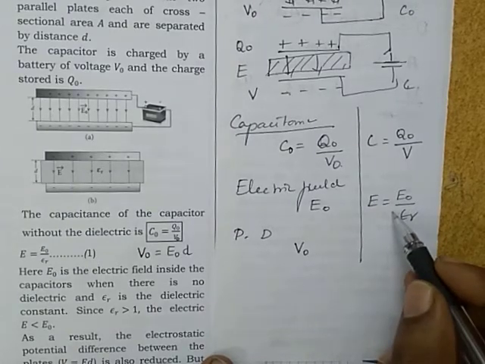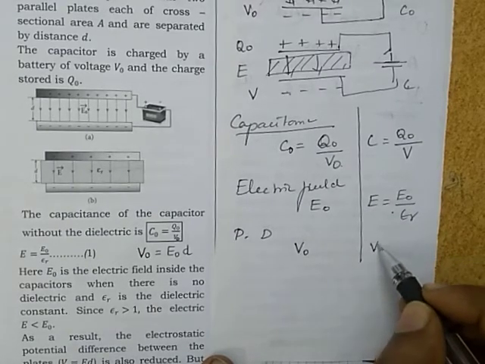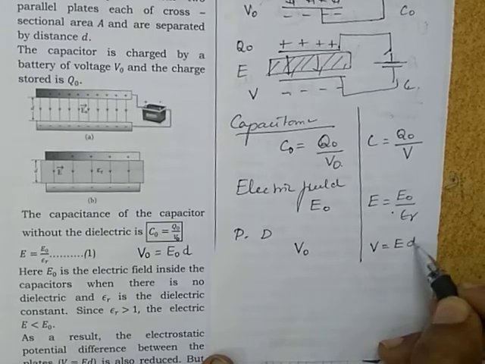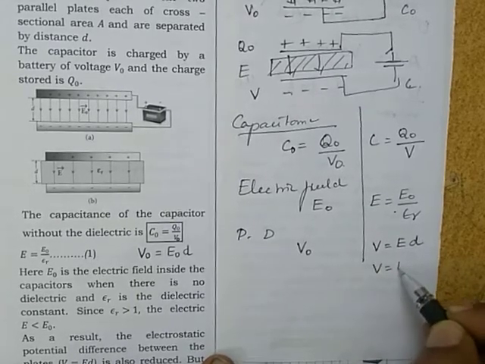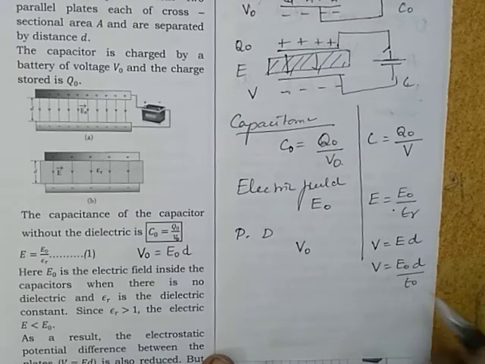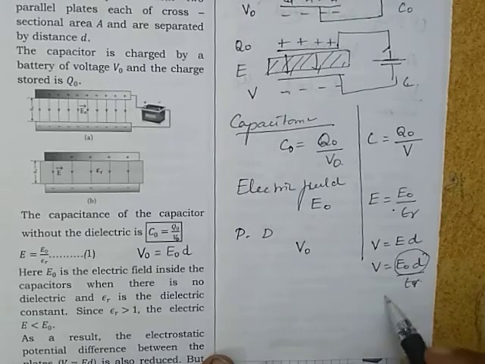Due to the decrease in electric field, the potential also decreases. V is equal to, we know, E into D. Then V is equal to E0 D by epsilon r. This we know very well is V0.